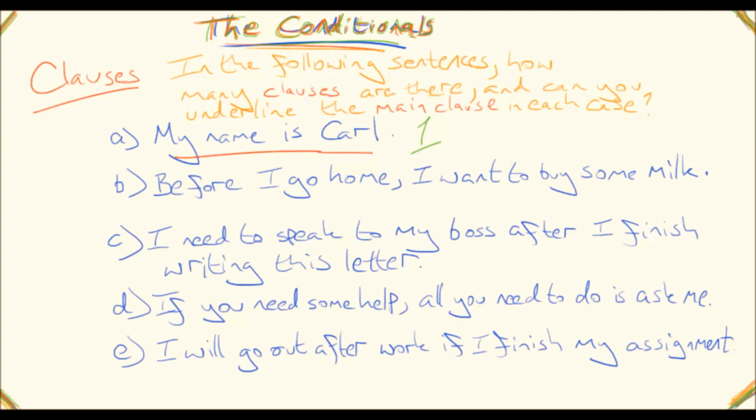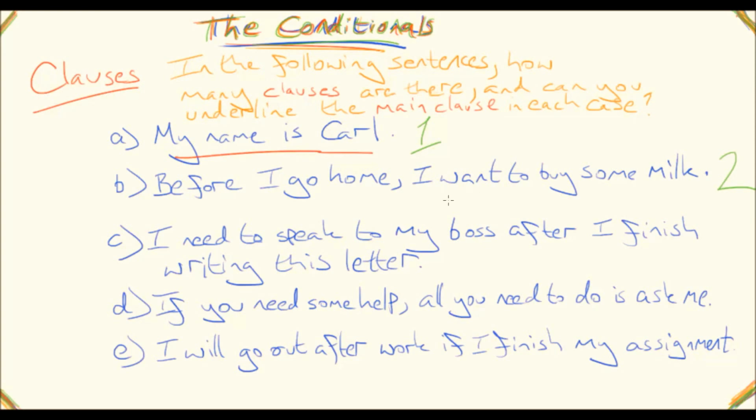In the second sentence, before I go home, I want to buy some milk. How many clauses are there? We have two clauses. Which one's the main clause, do you think? Which one contains the subject, verb, and an object? Which one, if you removed it, would mean that the sentence wouldn't make any sense?